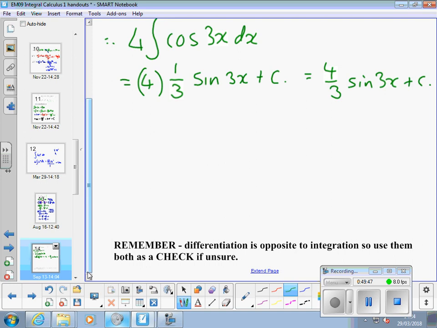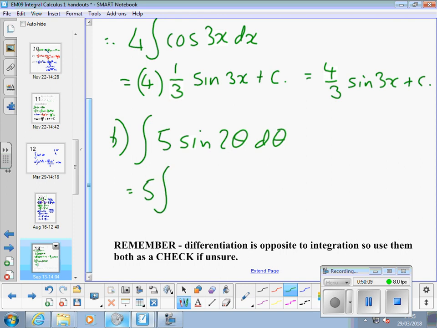Second one on that: we're looking at the integral of 5 sine 2 theta d theta, equal to the constant times the integral of sine 2 theta d theta. I haven't done that yet, I've still written the integral, look.